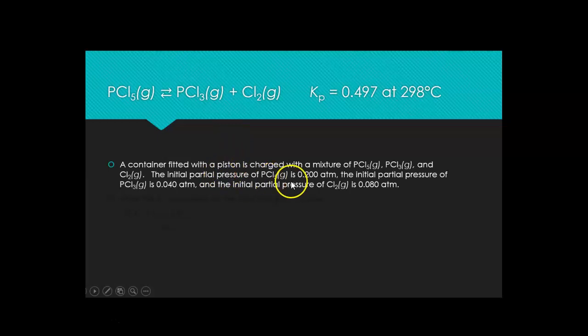The initial partial pressure of the PCl5 is 0.2 atmospheres, PCl3 is 0.04, and the chlorine is 0.08. What they want to know is the Kp expression. Well, that's easy. Kp expression is your algebraic formula using the concentrations, or in this case pressures, of your one reactant and two products. Well, it's going to be this pressure times this pressure divided by that pressure.